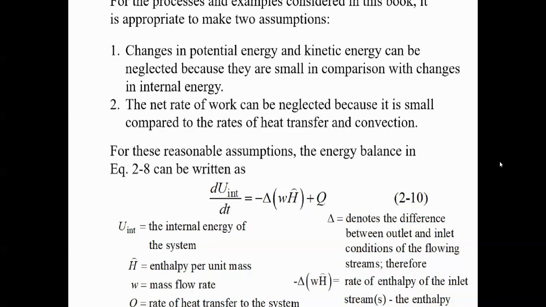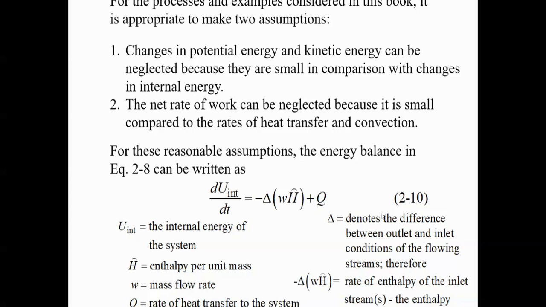So with these reasonable assumptions, the energy balance in equation 2.8 earlier can be written as dU internal over dt equal to minus the delta of w h bar plus Q. So U internal is the internal energy of the system. H bar is the enthalpy per unit mass. Small w is the mass flow rate. Q is the rate of heat transfer to the system.